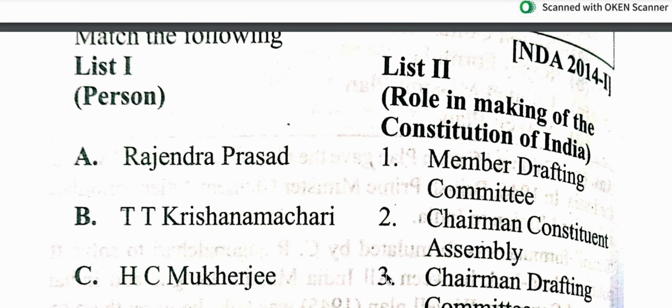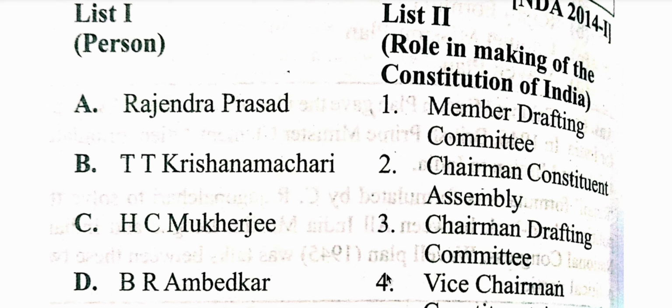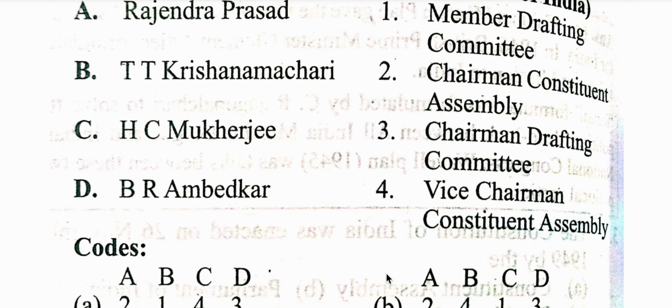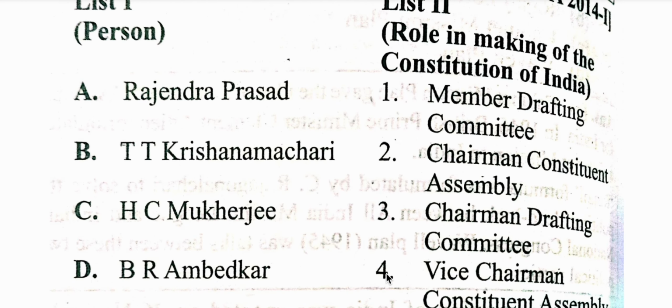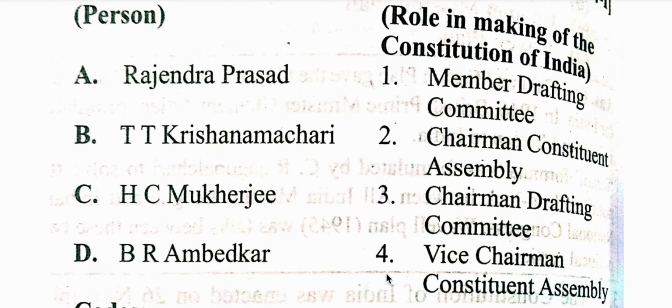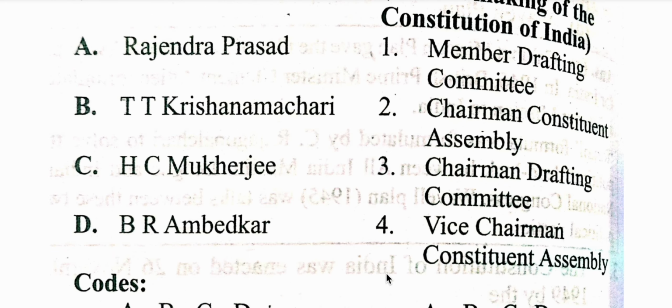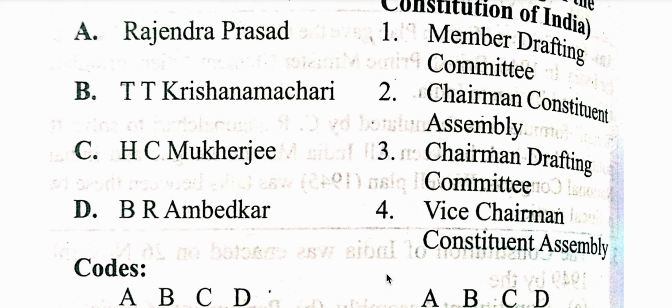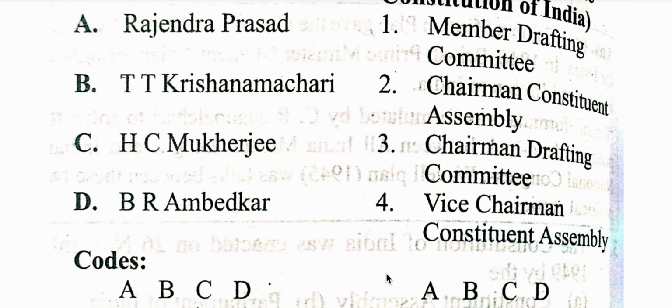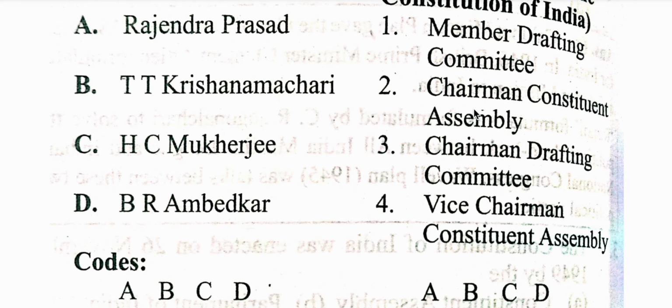17th question, match the following is given. So here they gave the person and role in making of the Constitution of India. Rajendra Prasad is the chairman of Constituent Assembly. Second is T.T. Krishnamachari.